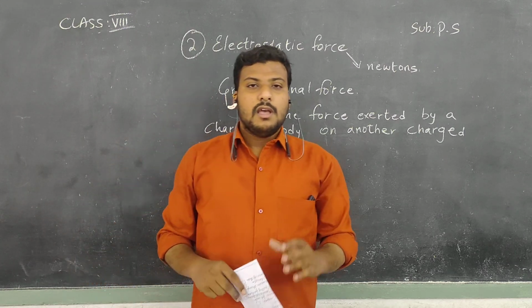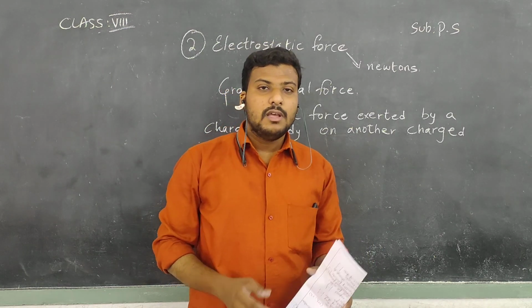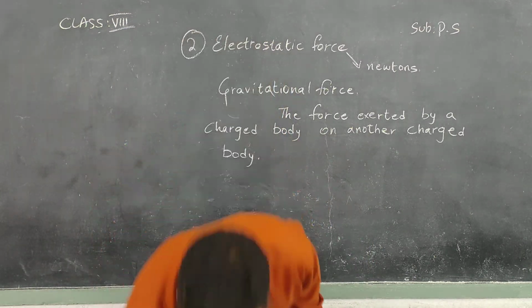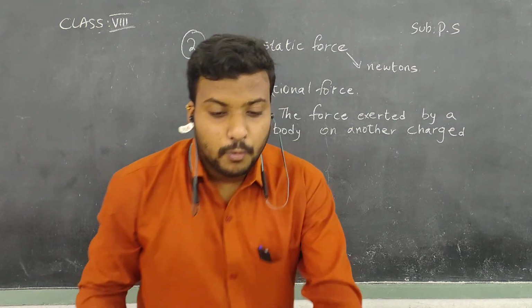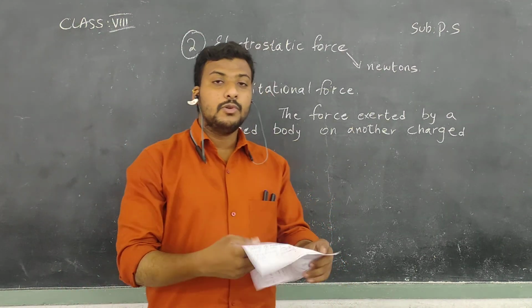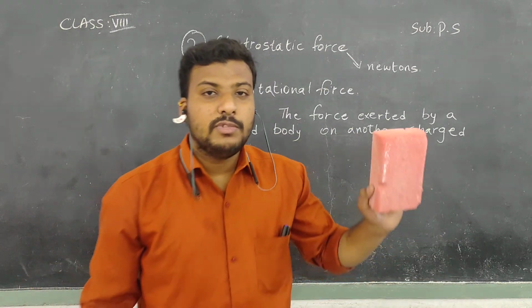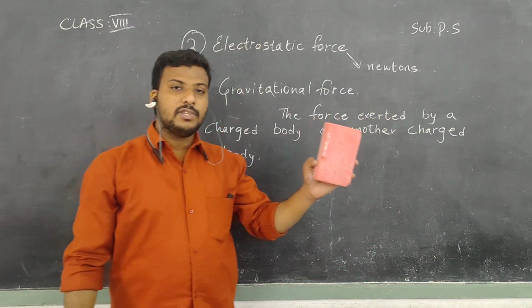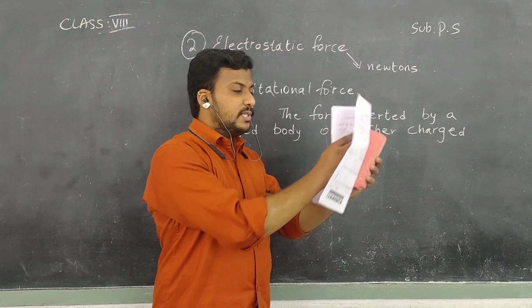Okay, children, you take one more paper, and this is that one more paper. You want to rub it on the balloon. Assume that this duster is a balloon for some time, and you rub with this paper on the surface of the balloon like this.